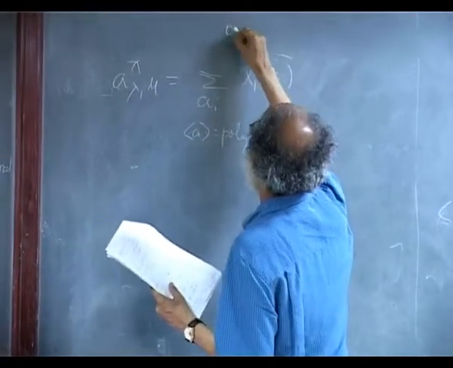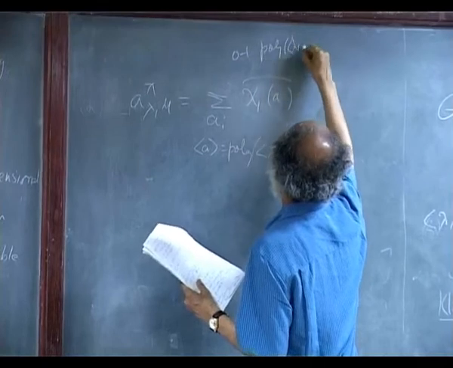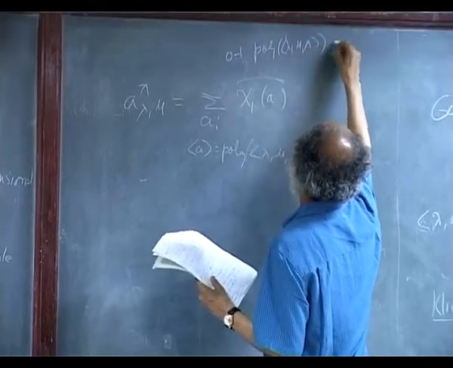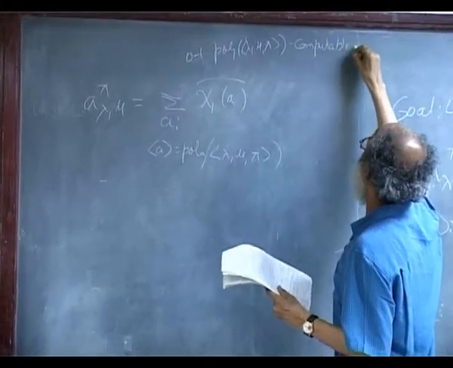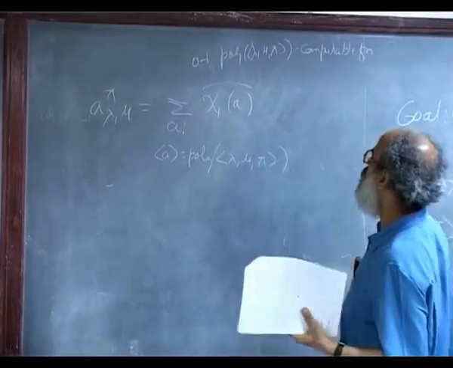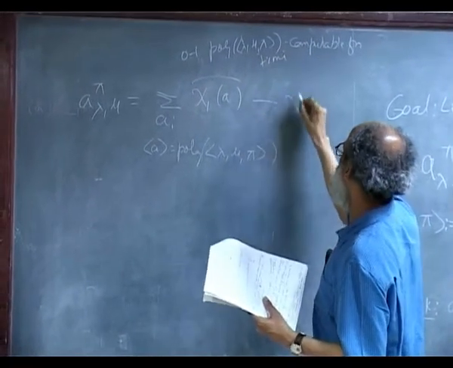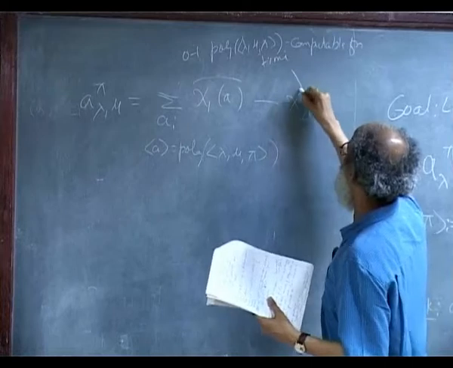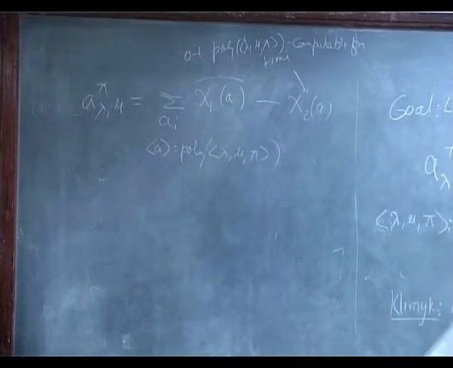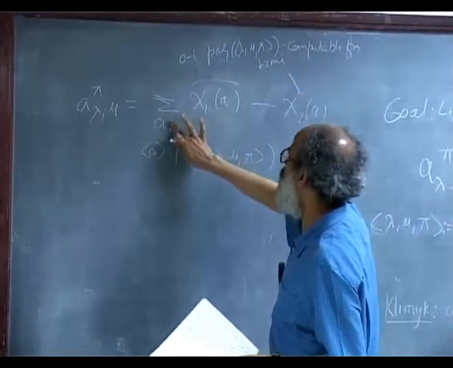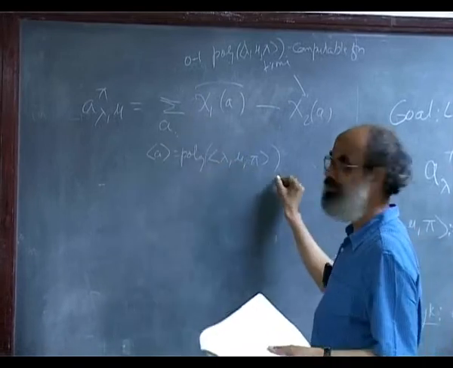this is a 0-1 function of A, computable in time polynomial in lambda, mu, pi, both of these, chi_1 of A minus chi_2 of A. So it can be written as a difference of two polynomial-time computable functions, summed over all bit strings of this length.